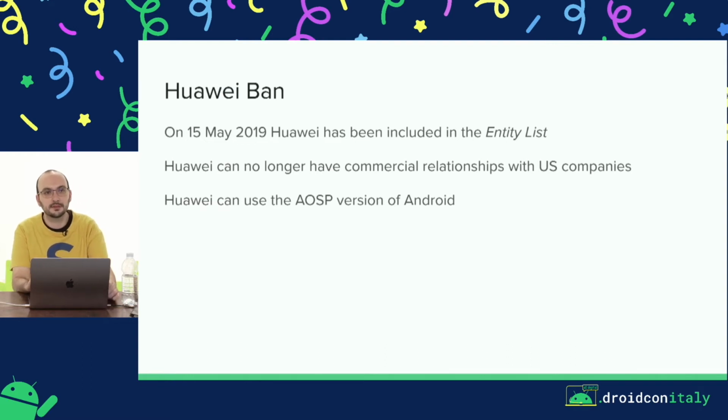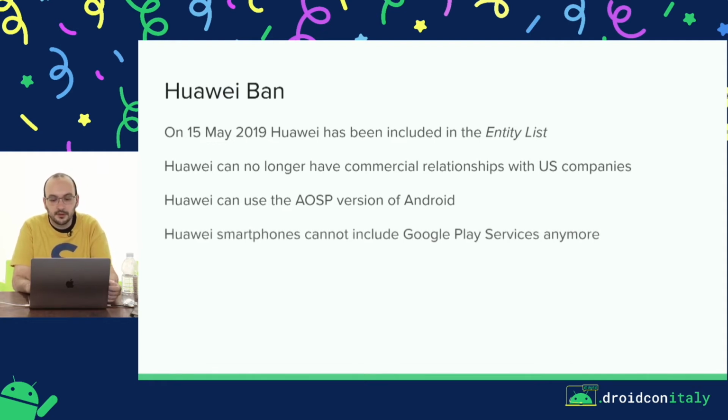Huawei can use the AOSP version of Android, the open source version of Android, but Huawei cannot use the Google personalization on top of it. And so one direct consequence is that Huawei smartphones cannot include Google Play Services anymore.